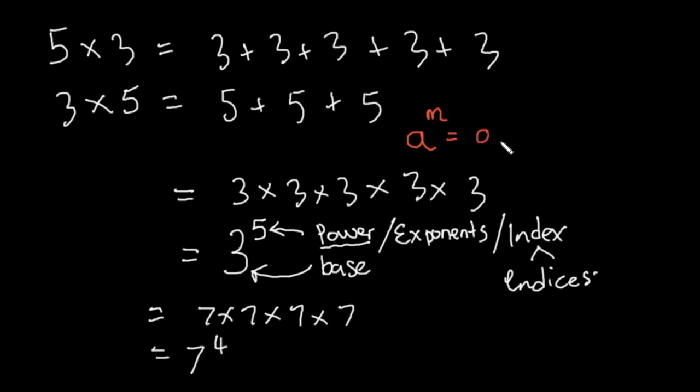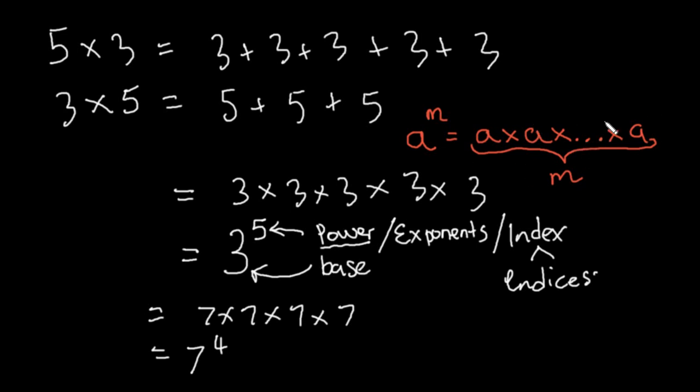That would give us a times a times, and we'll do a little ellipsis symbol there to show that we're missing out some a's. This could be any number of a's. We could have 1 a or we could have 10 a's depending on the value of m. And so what we really have is m a's. So we're timesing m a's together, right?